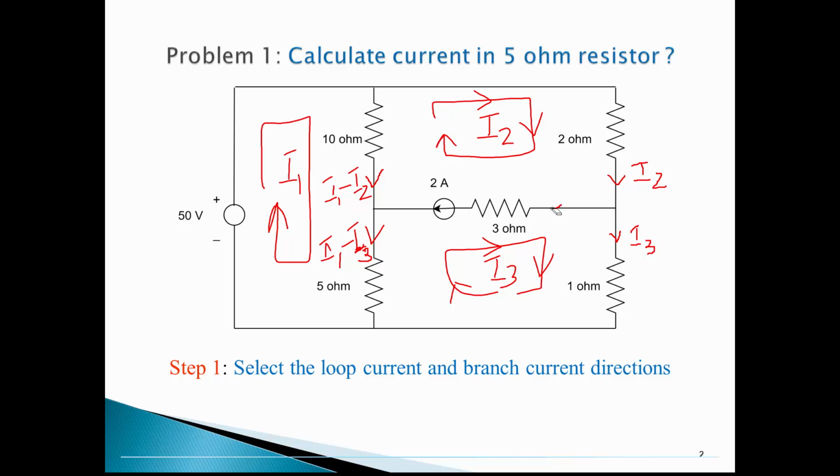So here you can write the current in terms of loop currents. The direction given is in the I2 direction, so I can say this is going to be I2 minus I3. This is how loop current and branch current directions are fixed.